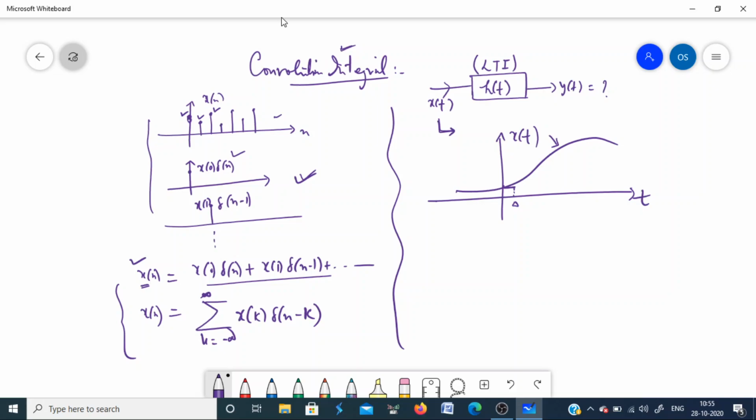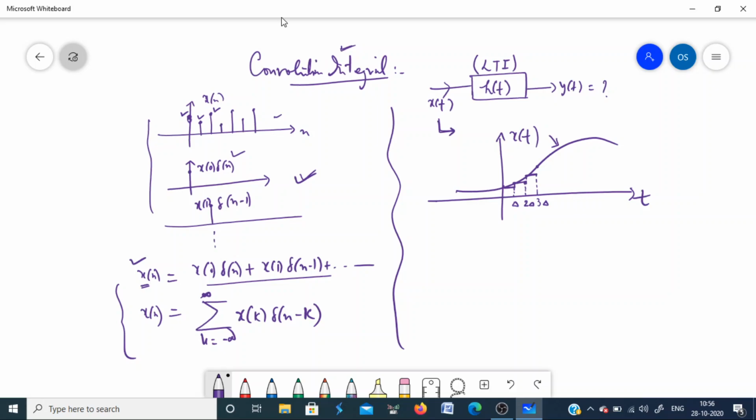Then at t equal to delta, I sample the next value of the signal and keep it again constant up to 2 delta. Then at 2 delta again sample the next value and keep it constant up to 3 delta.